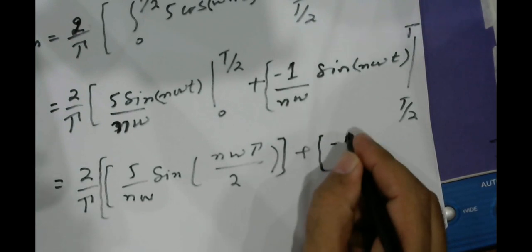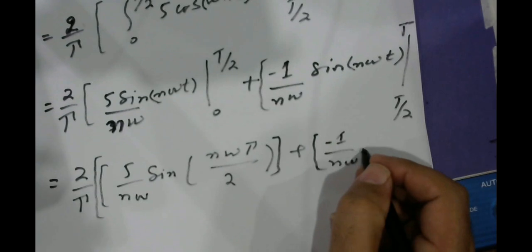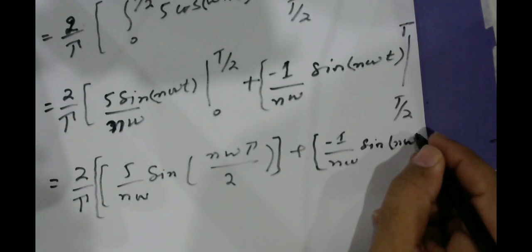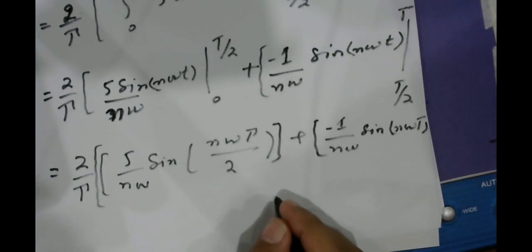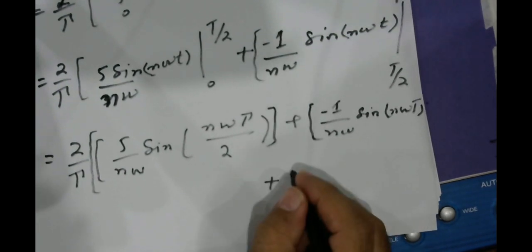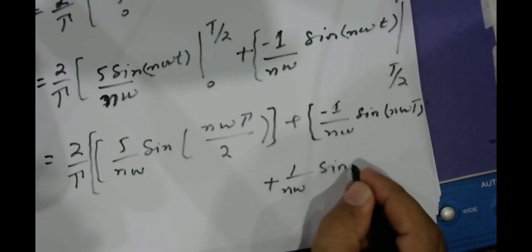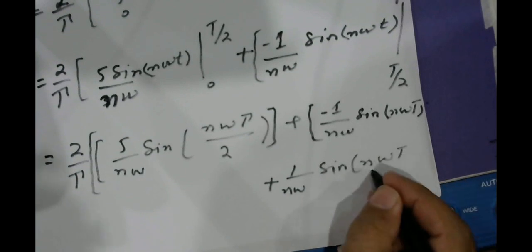Then plus, and I'll take another bracket, which will be minus 1 over n omega. Okay. First I put this T over here, and then T by 2 over here. Okay. So this will be sine n omega capital T. Okay. And then minus into minus plus 1 by n omega sine of n omega T divided by 2.